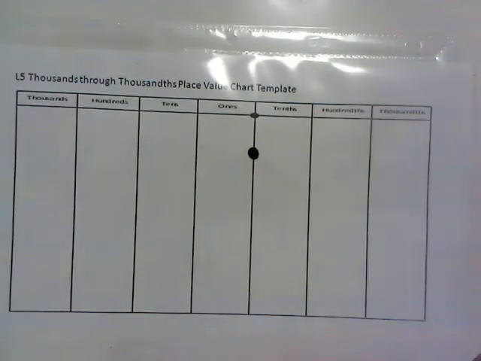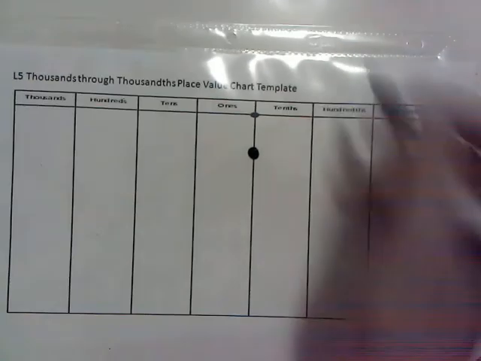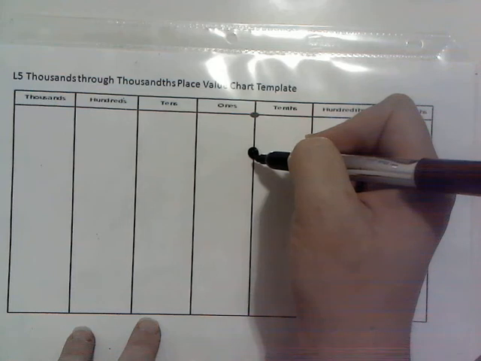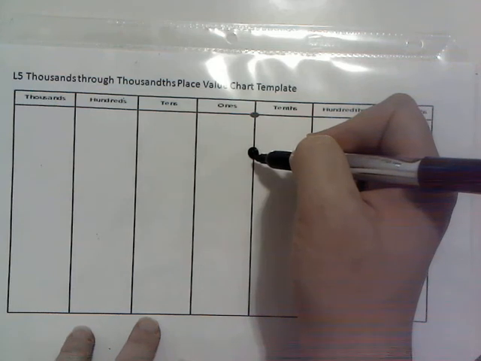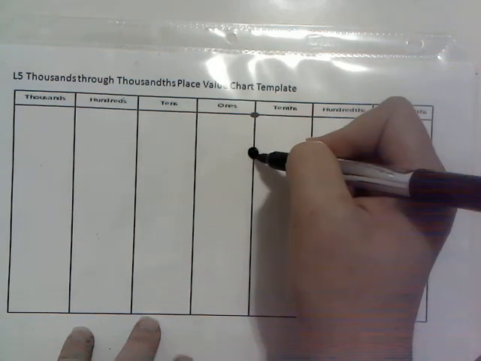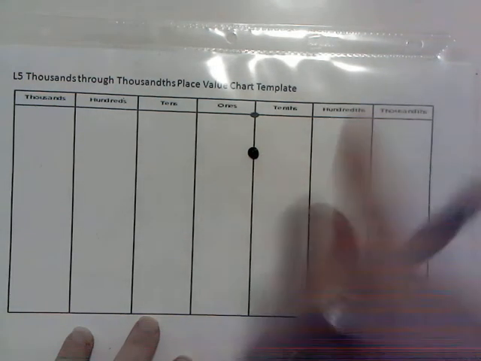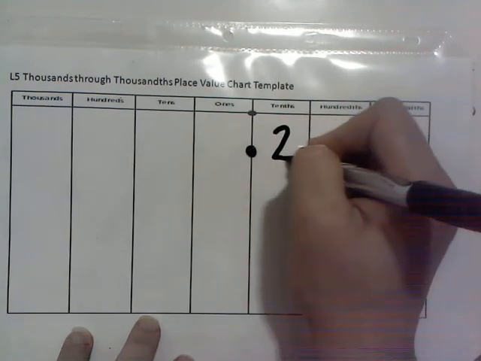So our first one said 0.2. When I write my numbers on my place value chart, I use that decimal point to help me place the digits where they're supposed to be. So that 2 was right after the decimal, to the right of that decimal point.